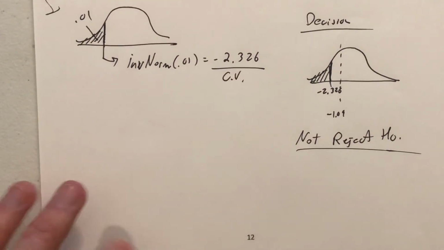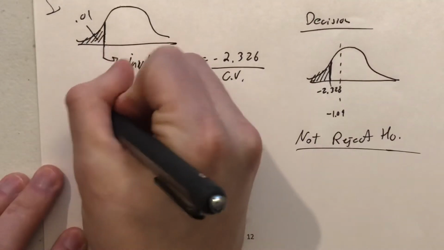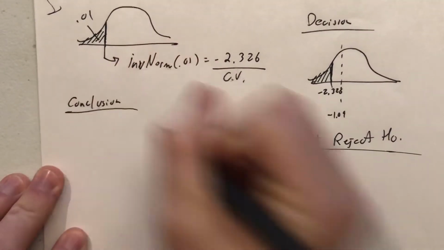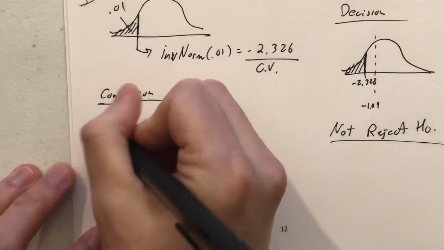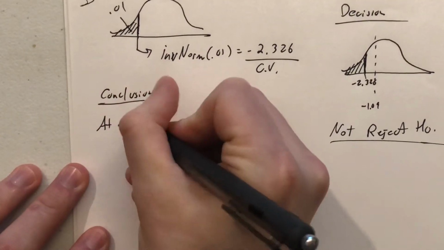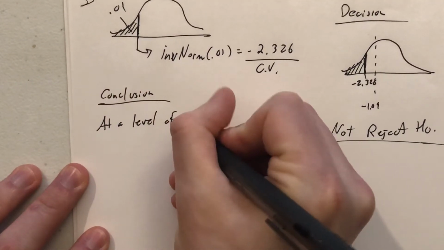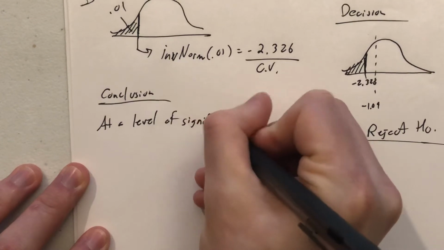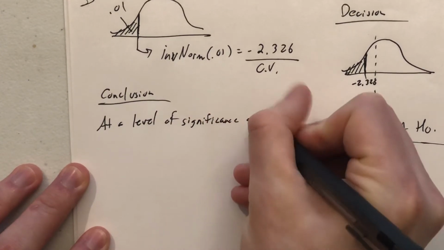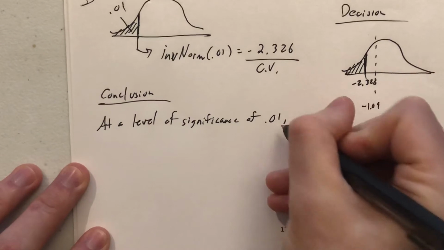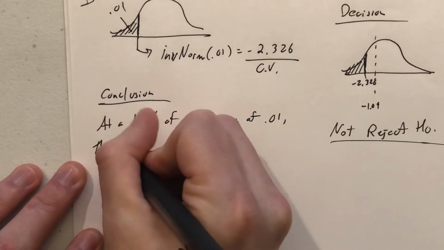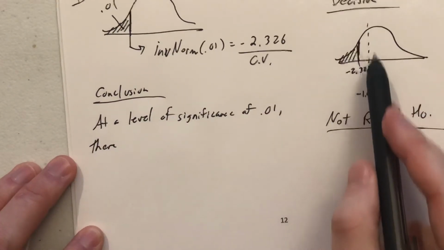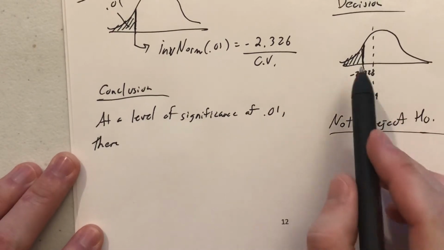Okay? And so that leads us to our conclusion sentence, starting it off with the level of significance. A level of significance of 0.01. We decided that this evidence was not strong enough to reject.